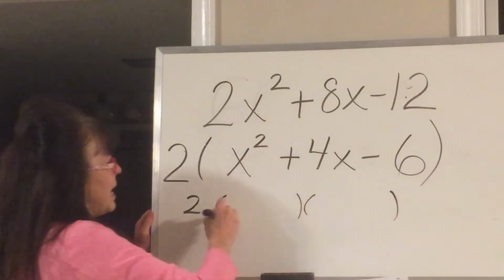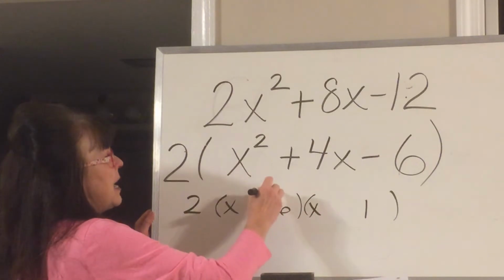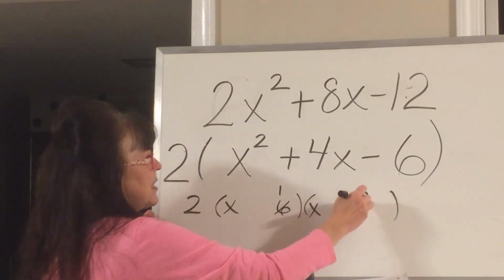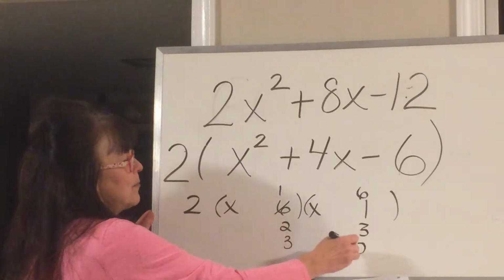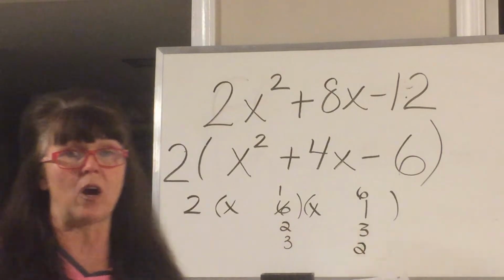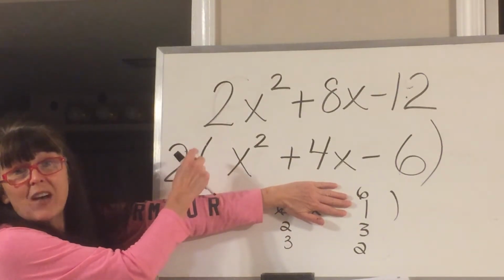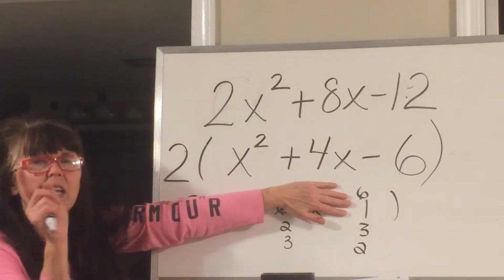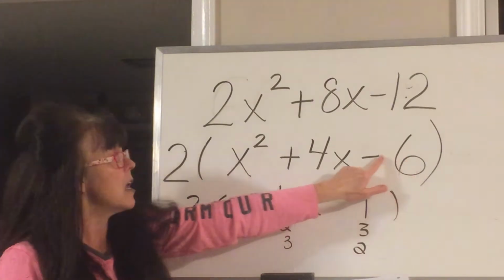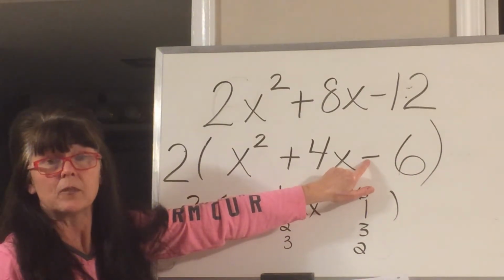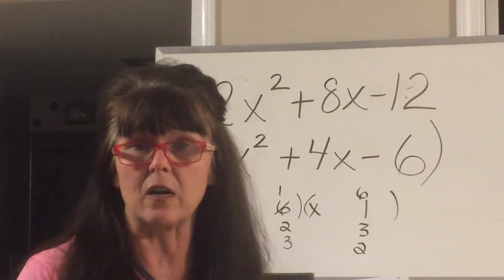If you tried x times x, 6 times 1, and then 1 times 6, and then 2 times 3, and then 3 times 2, none of that would work. So then you would have to go back and say, hey, this is my final answer for that one. Because there's not 2 numbers that when you multiply them give you 6, but when you subtract them, give you 4.